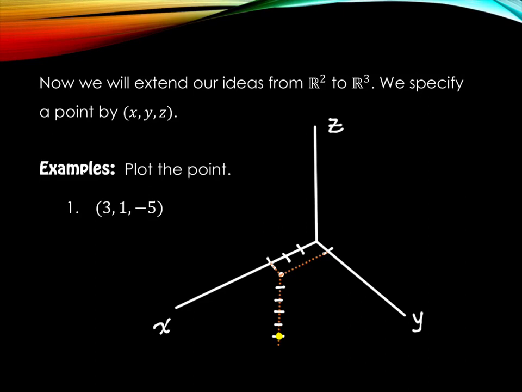Now, there's nothing wrong with leaving it like that, but there is a way to make this feel a little bit more three-dimensional. The way to do that is to draw in that same downward, dotted, orange line that I have, along the other axes as well. So take a look at this.